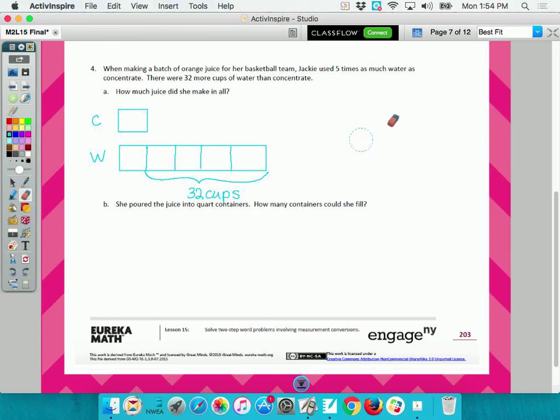Okay, so now I got to figure out, well, how much is in each box? There's 32 in 4 boxes. So watch me. I'm going to do 4 units equals 32 cups, right? So how much would 1 unit be? 8.